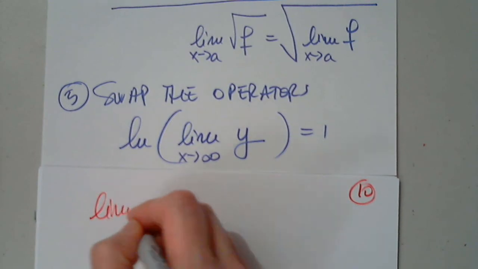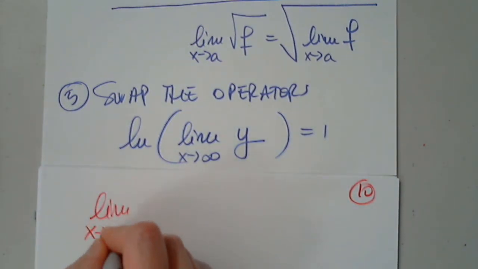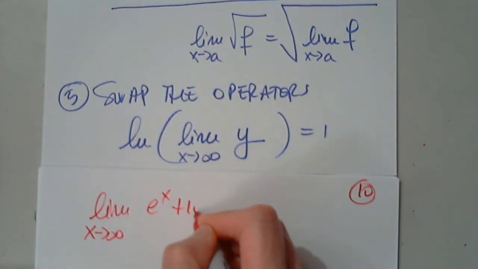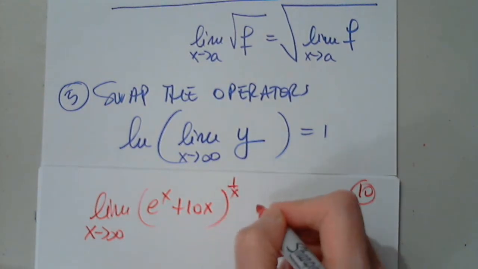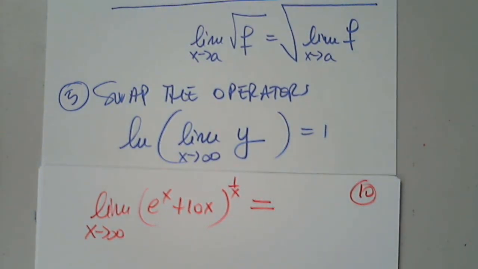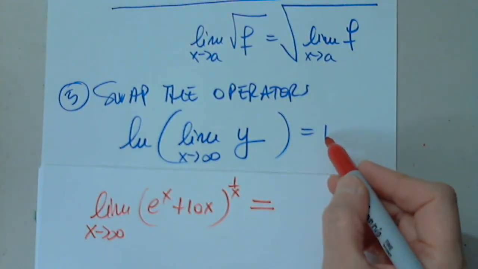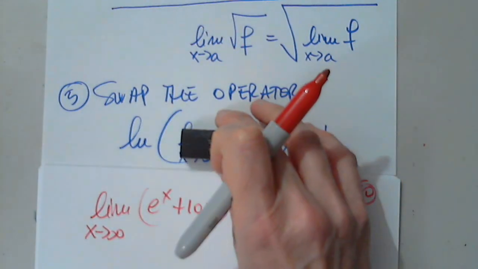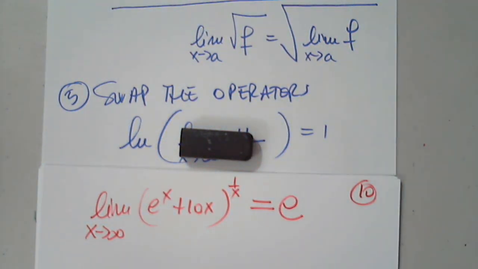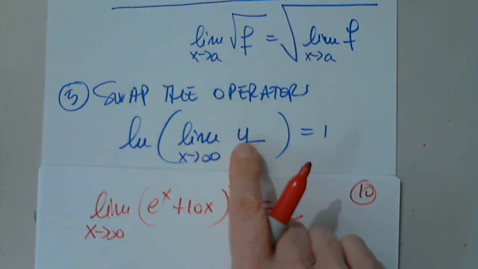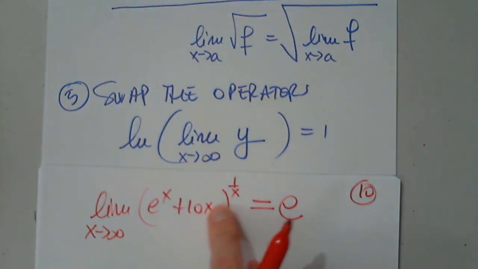So the limit of y, which was (e^x + 10x) to the 1 over x. Can anyone give us the answer? 1. No, because natural log of 1 is not 1. e to the first power. e. Natural log of e is 1. So then the limit, thank you so much, of y is e.